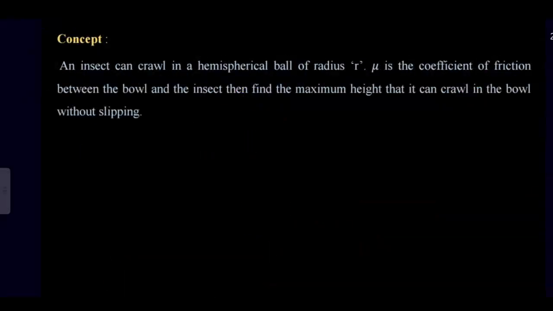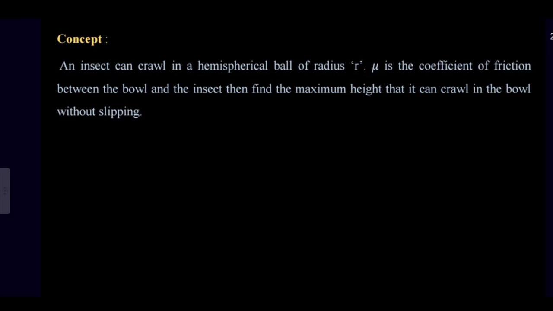Yeah, try the next one. See this one. Read the problem. Try to understand. An insect can travel in a hemispherical bowl of radius r.